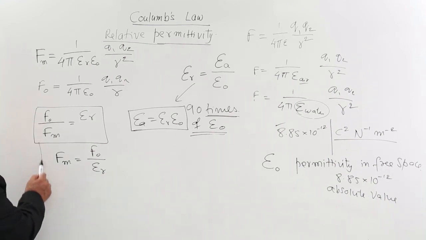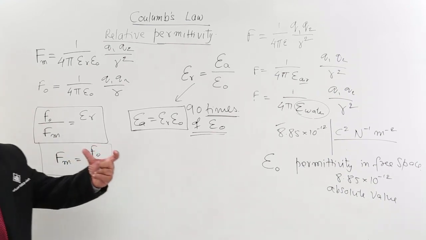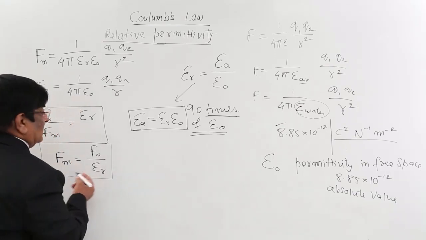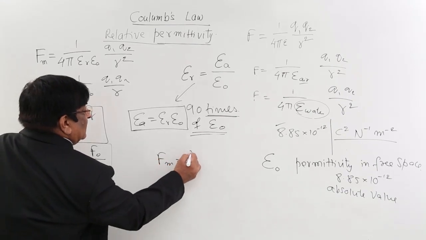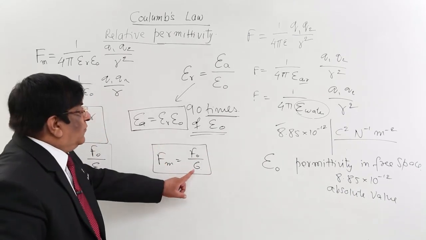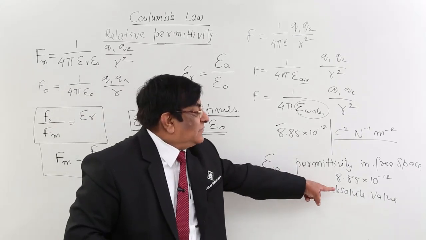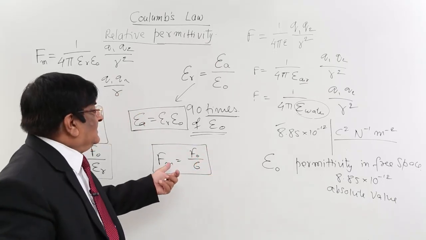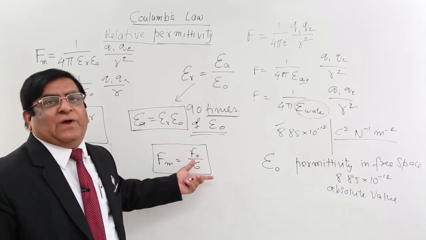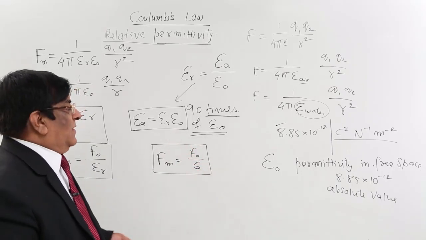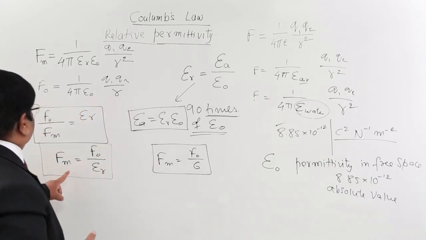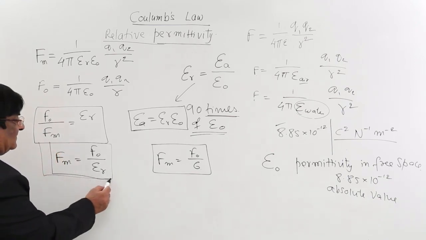Now, if I tell you that the relative permittivity of a medium is 6, how much will the force be in that medium? The force in that medium will be the force in free space divided by 6. That's all. We don't have to go for the value in the unit. Absolute value we don't need. This is an easy method, and that is why we have discovered this concept of relative permittivity.